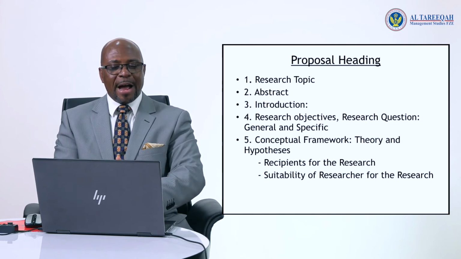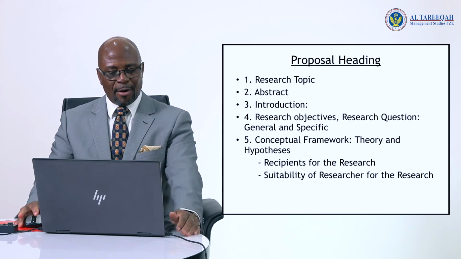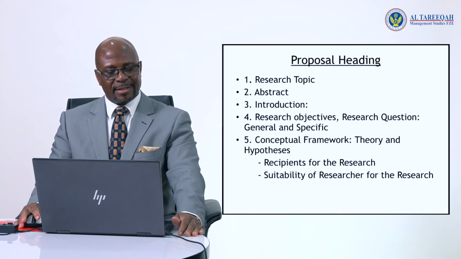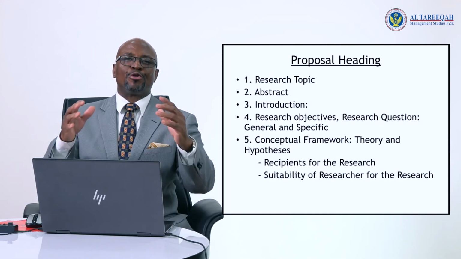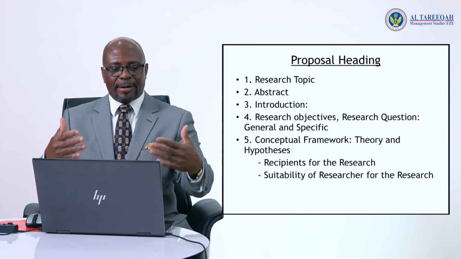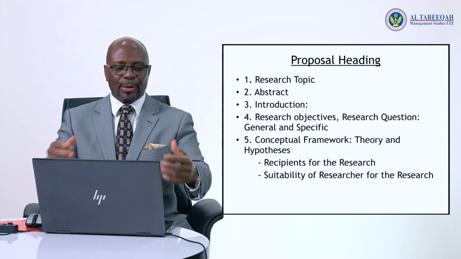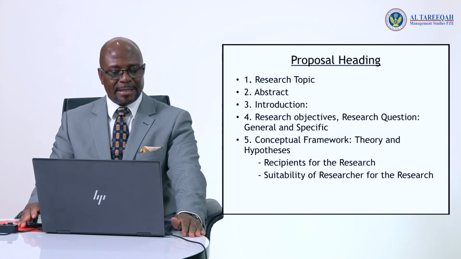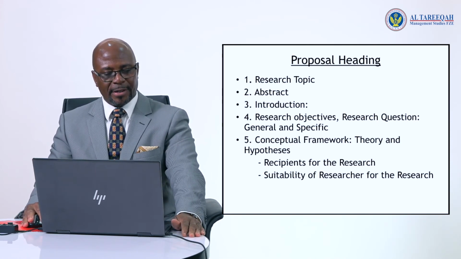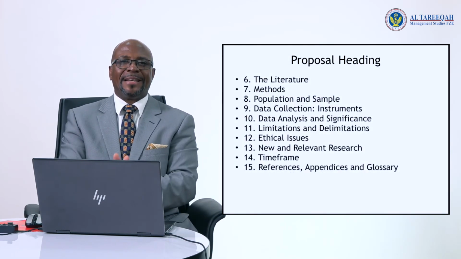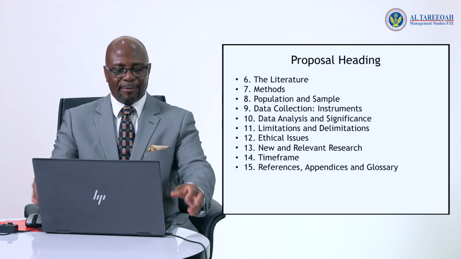Number four, you have to state the objective of your research and the research questions. Number five, you have to draw a conceptual framework which will be embedded with the theories and hypotheses for the research. Number six, you have to have a detailed literature review.